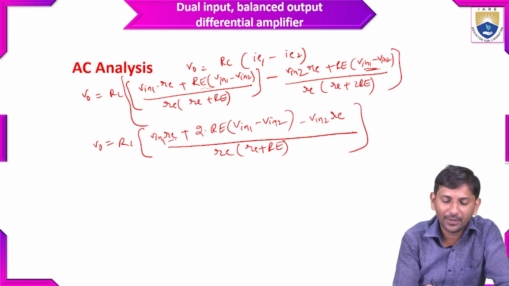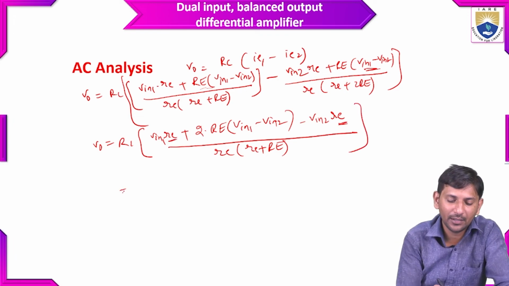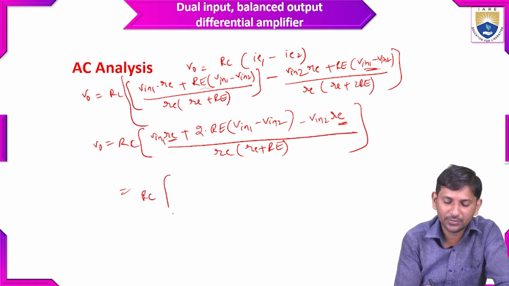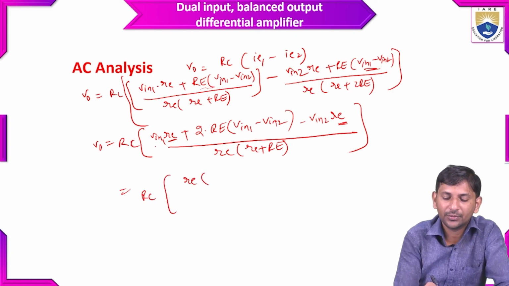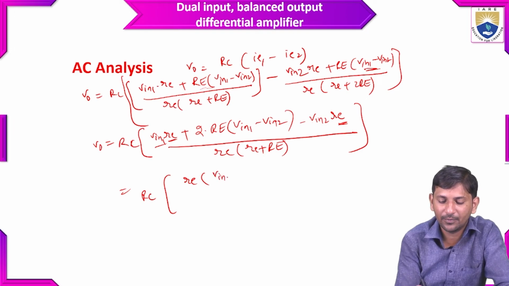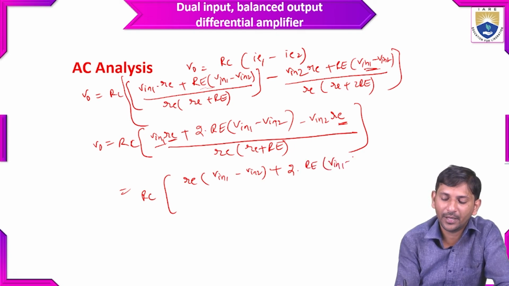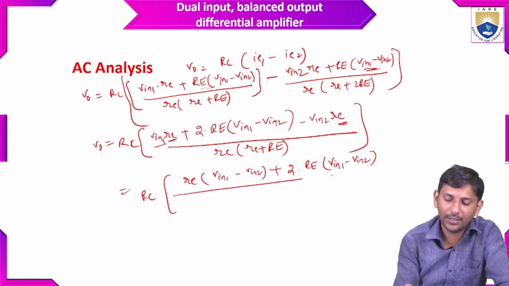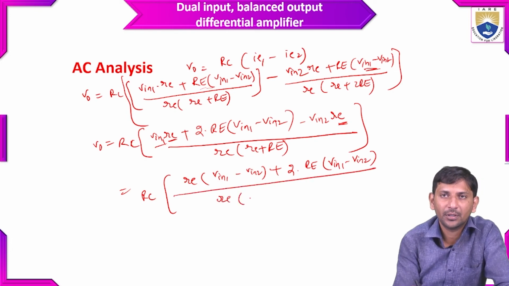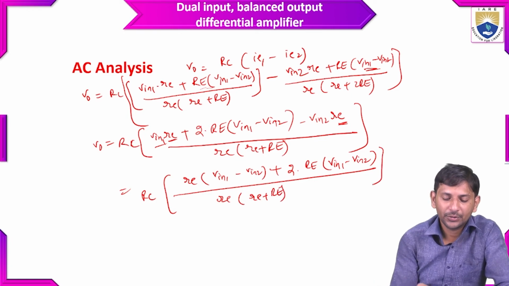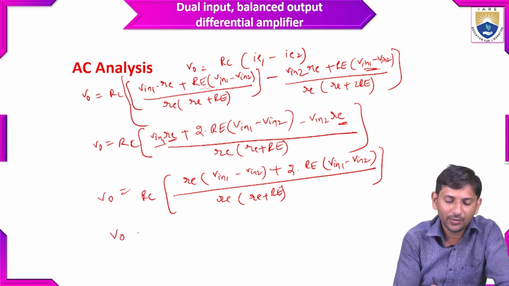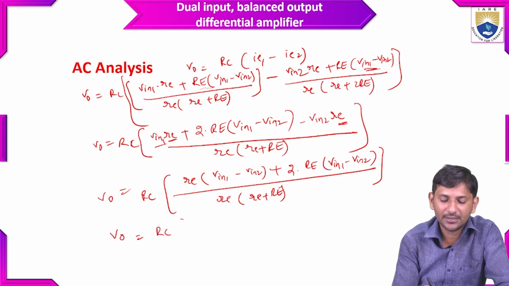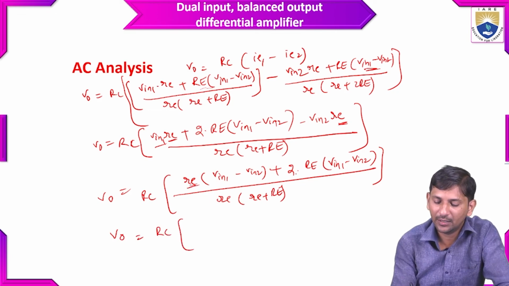If you make RE common, what will you get? RC into RE common. So V in 1 minus V in 2 plus 2 into RE into V in 1 minus V in 2 whole divided by RE into RE plus capital RE. So then what is your output voltage here? RC is equal to, here RE, here 2RE.